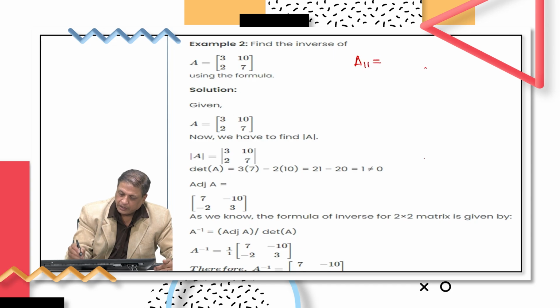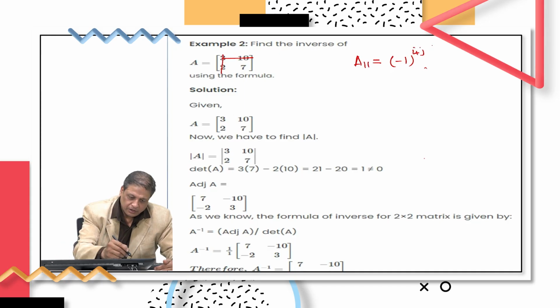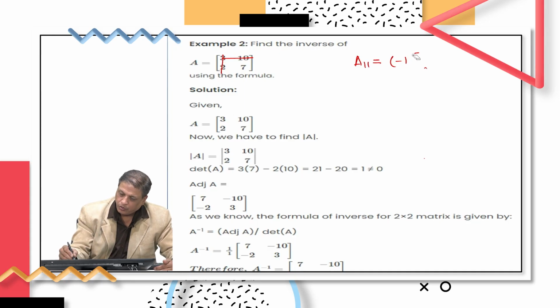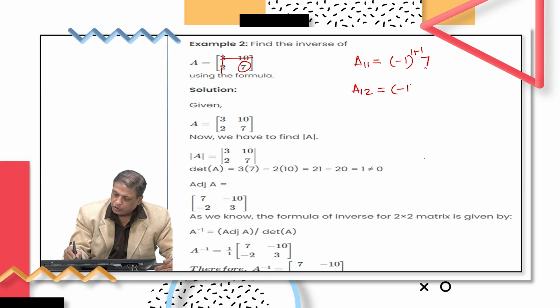A11 is equal to minus 1 to the power i plus j, that is minus 1 to the power 1 plus 1, and the remaining element is 7. A12 is minus 1 to the power 1 plus 2, first row, second column, so the remaining element is 2.